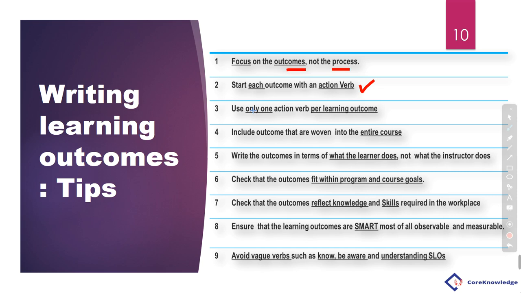Don't forget, number 3, use only one action verb for each learning outcome. This is more specific, more relevant, without any confusion. We have had cases where learning outcomes are written as list and explain under one statement. This is discouraged, to bring clarity to your learning outcome.